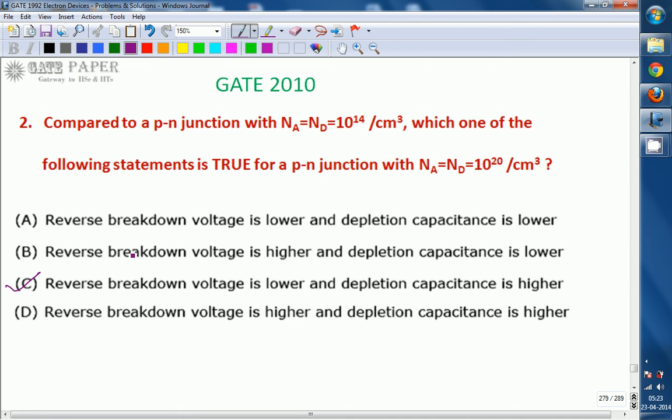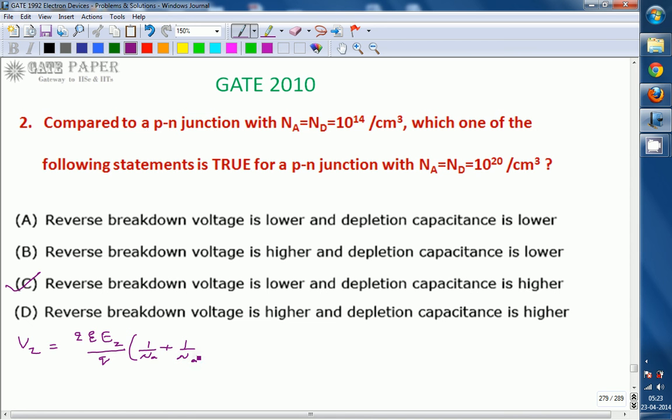Zener breakdown voltage of a PN junction is going to be given like this: Vz is equal to 2 epsilon E, where E is the electric field Ez, divided by Q into 1 by Na plus 1 by Nd.